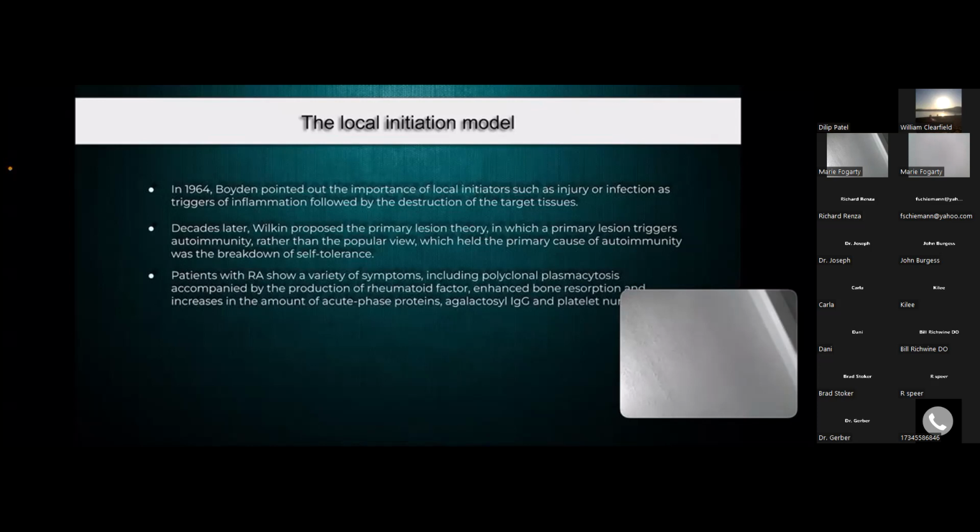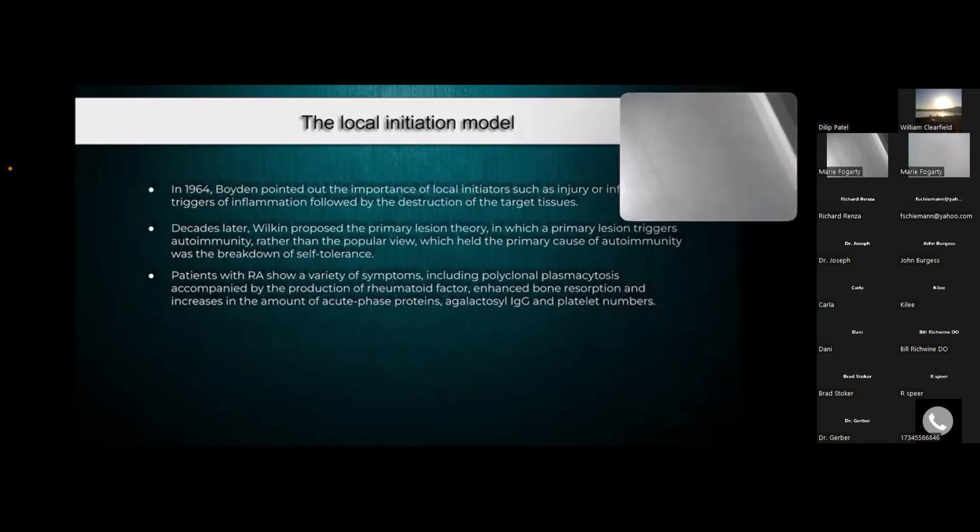Patients with rheumatoid arthritis show a variety of symptoms, including polyclonal plasmacytosis, accompanied by the production of rheumatoid factor, enhanced bone resorption, and increases in the amount of acute phase proteins, agalactosyl IgG, and platelet numbers. Well, it just says rheumatoid arthritis, they show a variety of symptoms.